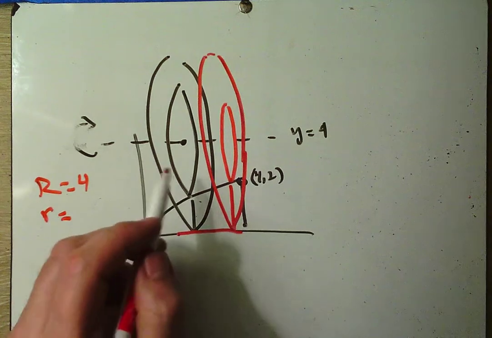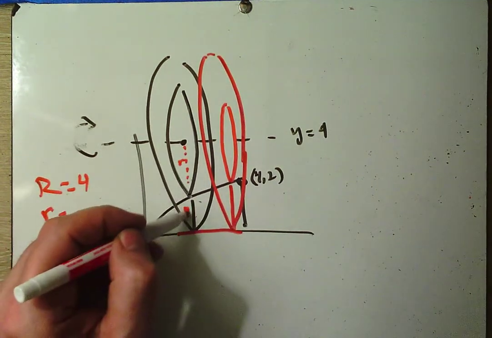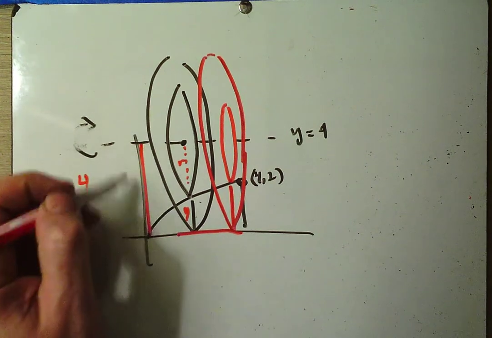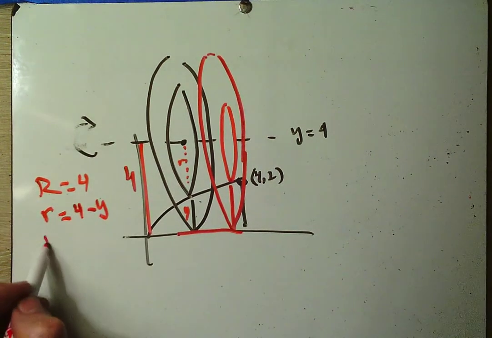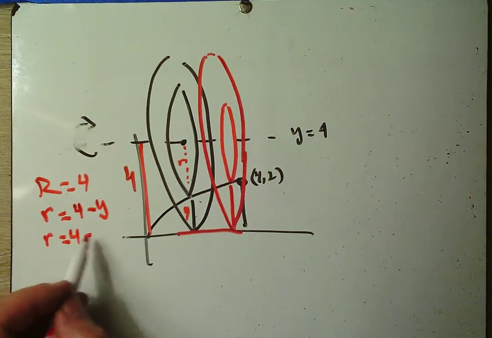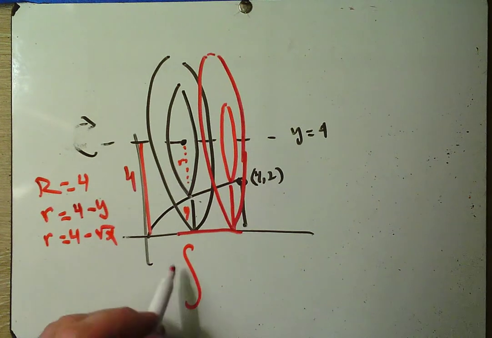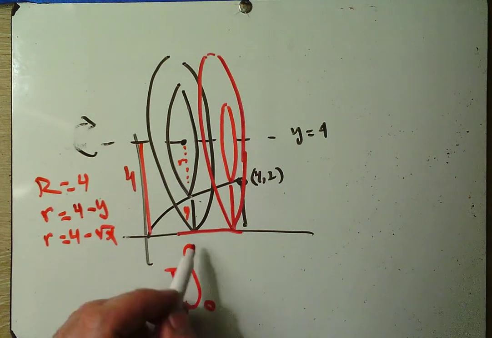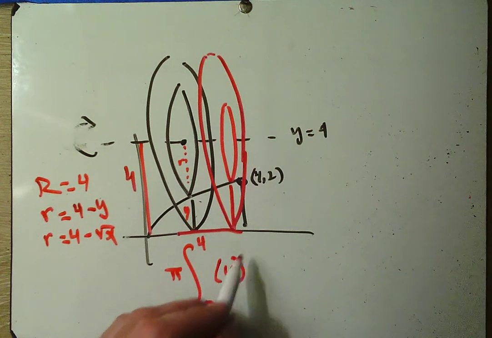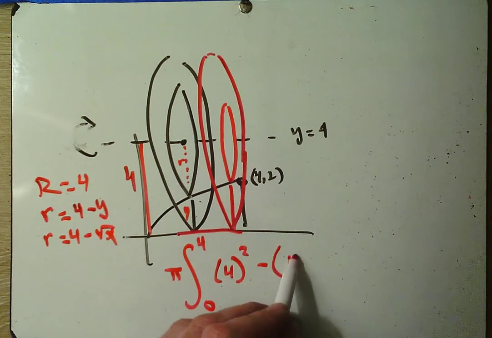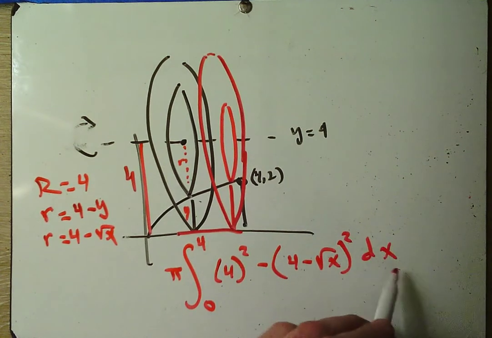I mean, it is, but it isn't. So there's little r. This is still y. This is now 4. So little r is 4 minus y. And remember, y was square root of x. So my integral will be pi, 0 to 4, big R squared minus little r squared dx.